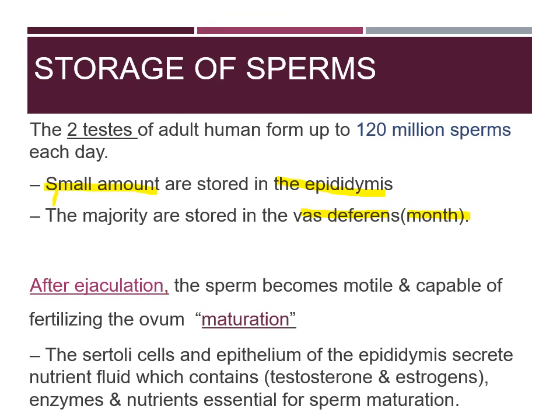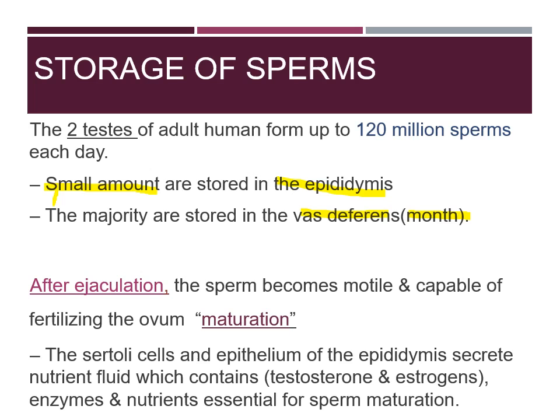After ejaculation, the sperms become motile because they are capable, and the inhibitory factors will be removed or washed away, and then they will be capable of fertilizing the ovum in the female genitalia, after completing the process of maturation.